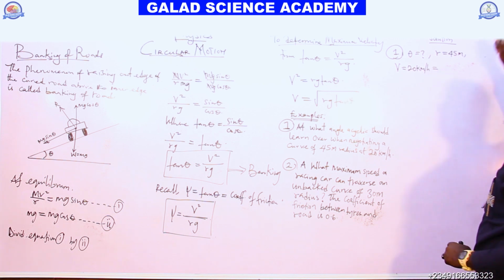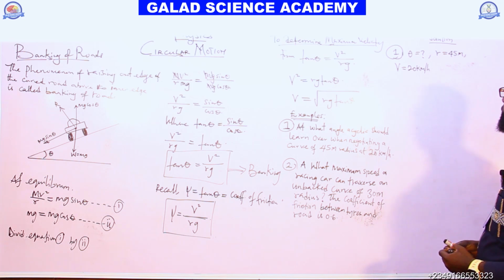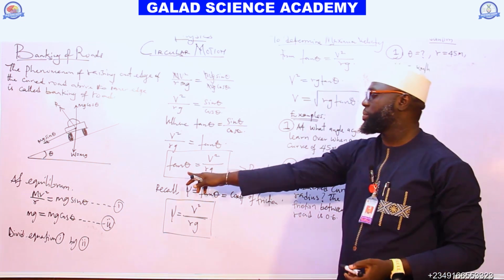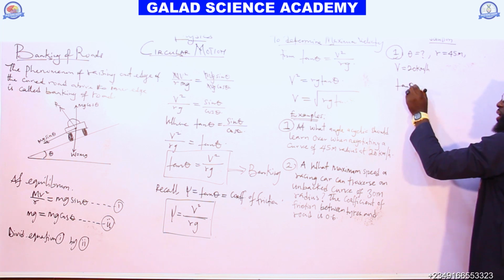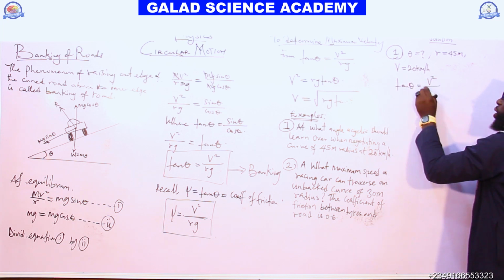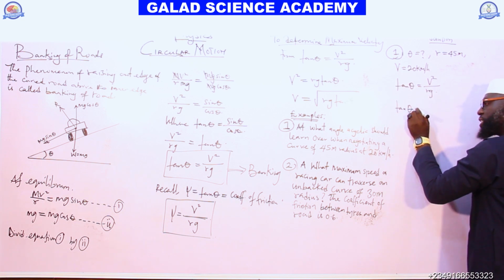The first thing we need, we are asked to find theta. What is the formula for the angle of banking? Using tan theta equals v squared over Rg.